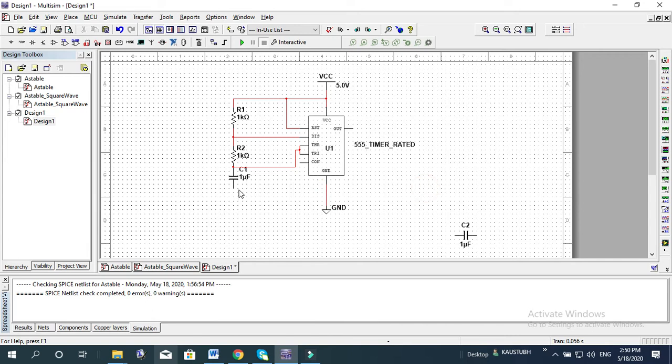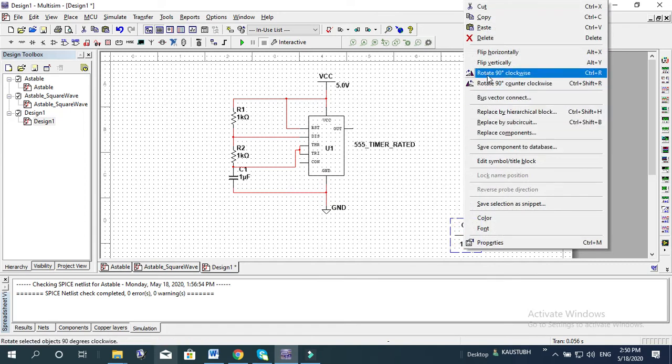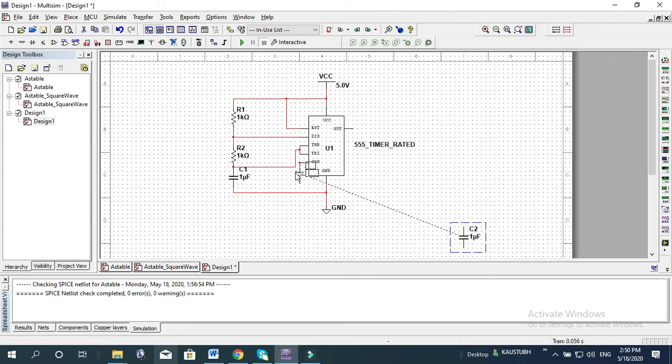Okay, so this capacitor gets grounded, and another capacitor. So this capacitor is connected here along with this. So this capacitor gets grounded here, and okay, so that's all for the circuit.